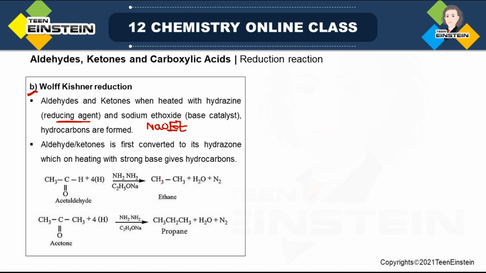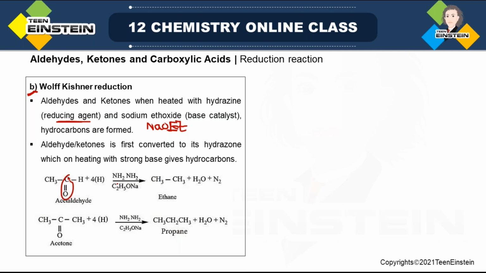Aldehyde or ketones are first converted to their hydrazone. We know when there is C double bond O present and you are treating with some ammonia derivative, remember the first type of reaction, nucleophilic addition, under that heading we have discussed one reaction which is ammonia and its derivatives. They are acting as nucleophiles. So this is the same thing.